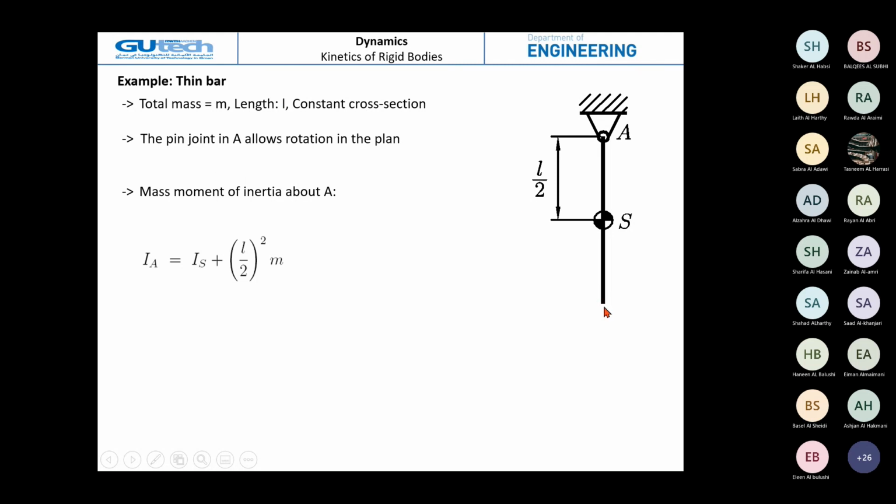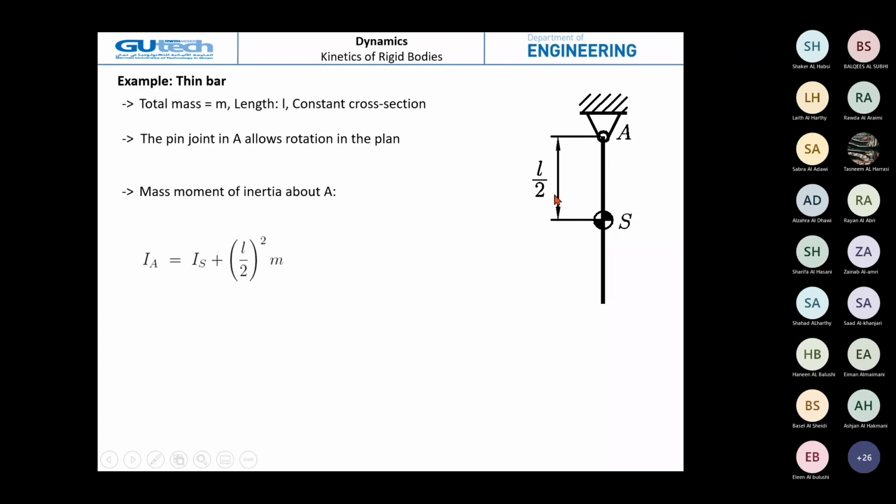We take the pin joint or the fixed point A, which allows rotation about this point A of the thin bar. We take its centroid S. Of course, if the thin bar has the length L, the centroid will be at a distance L over 2.